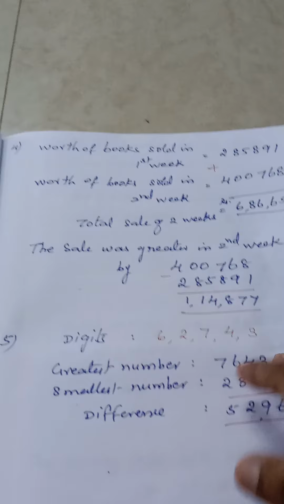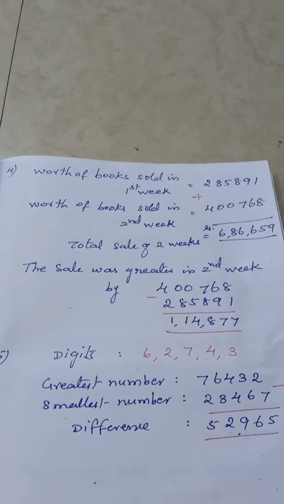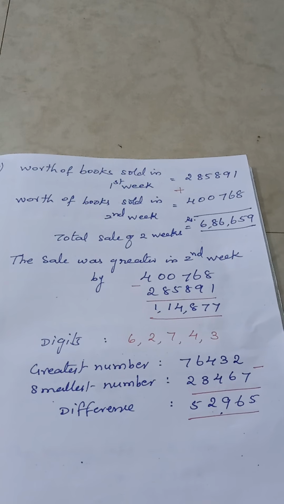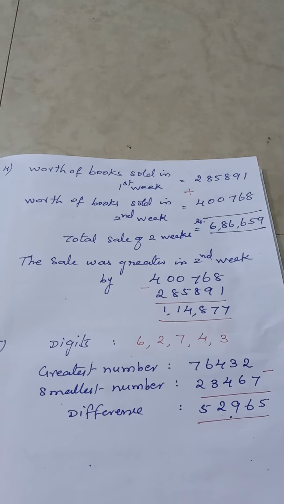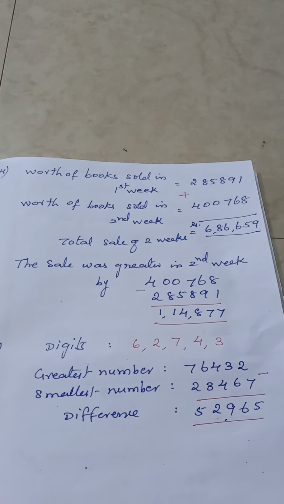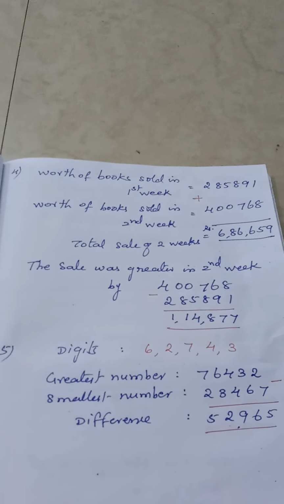In a bookstore, Kirti bookstore sold books worth 2,85,891 rupees in the first week of June and worth 4,768 in the second week of June, the same month. How much was the sale?